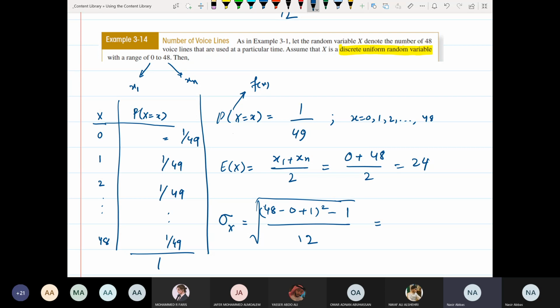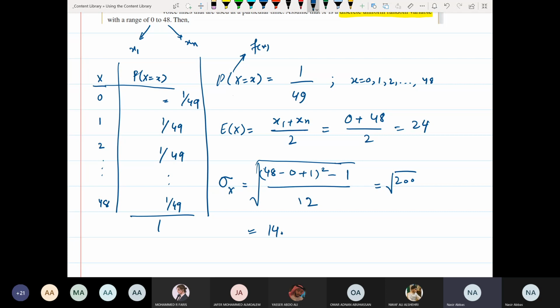This is going to give me 48 plus 1 is 49. 49 squared minus 1, divided by 12, and then the square root of this whole thing is 14.14214.